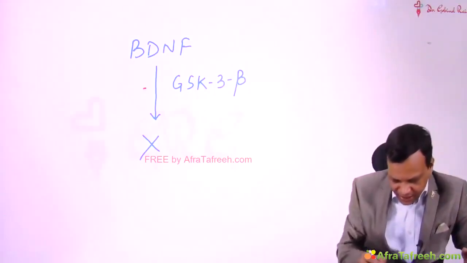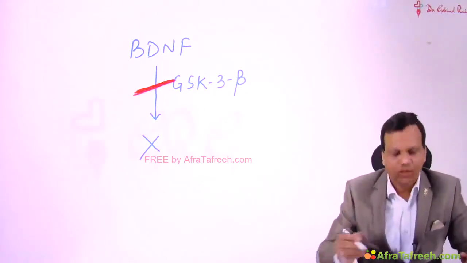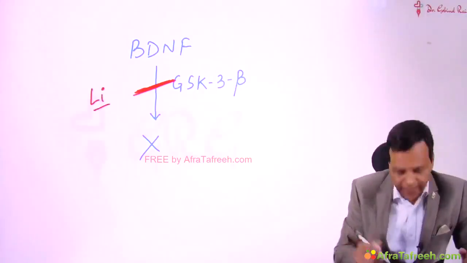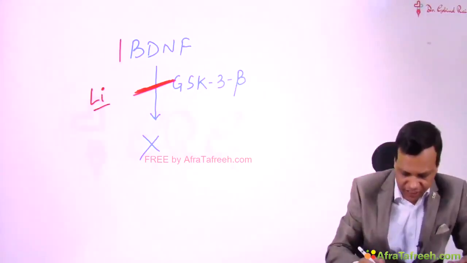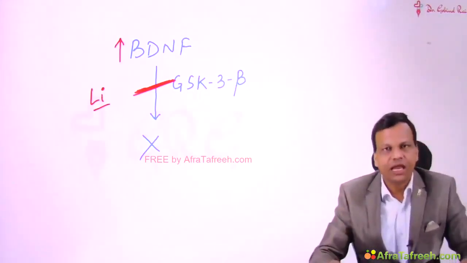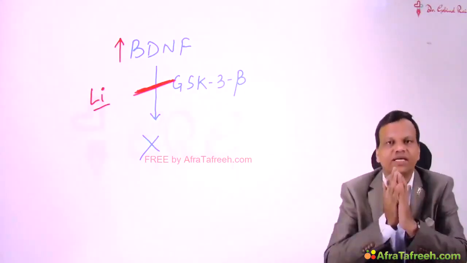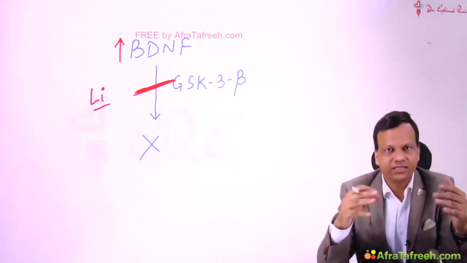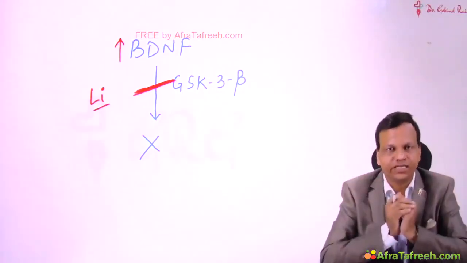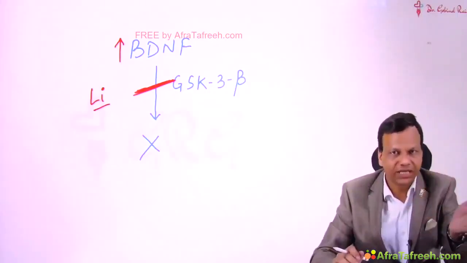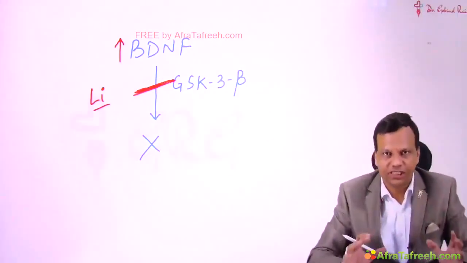Lithium inhibits this enzyme also. So by inhibiting this enzyme, lithium inhibits the breakdown of BDNF. So when BDNF is not broken, the level will increase. And when the level of BDNF increases, neuronal plasticity occurs, and that will reverse the depression. Okay? So basically, lithium can be used to treat both mania as well as depression.